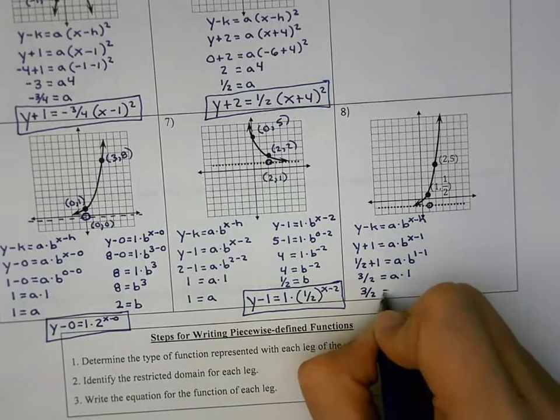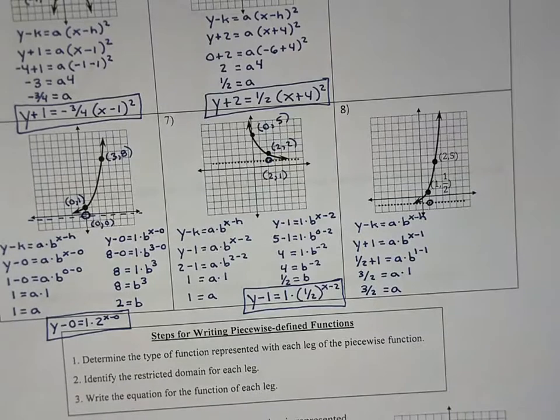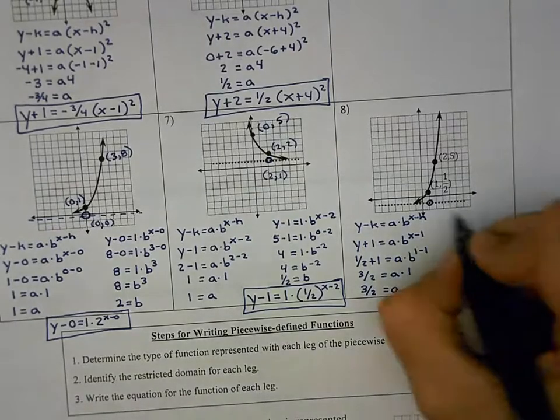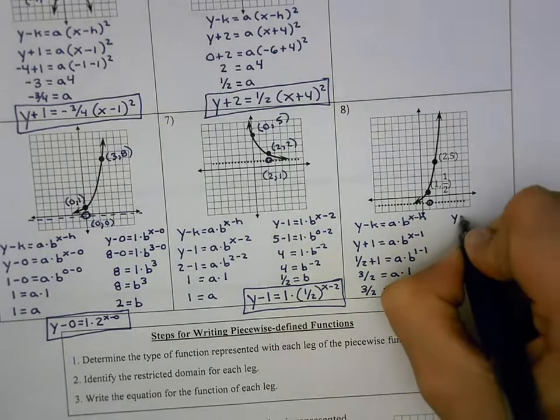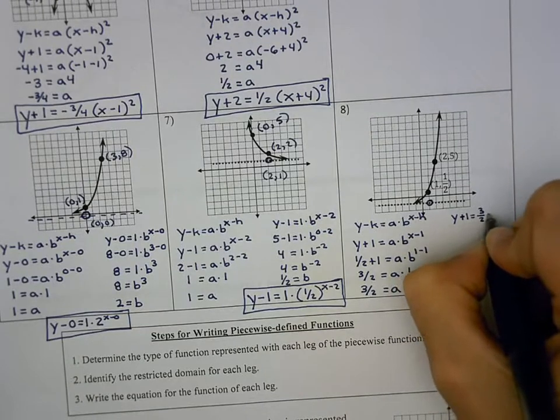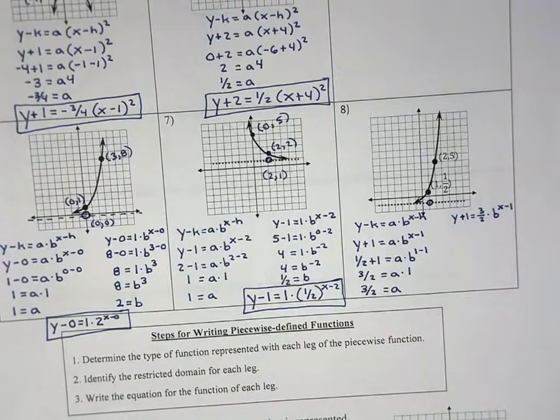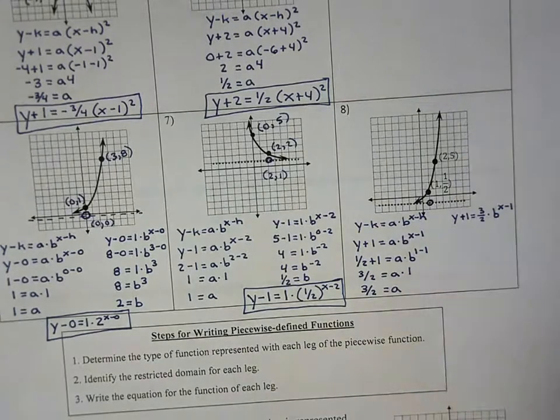So my a is 3/2 or 1.5. Rewriting my equation. And then you're going to use your other point to solve for b. My other point is 2, 5.